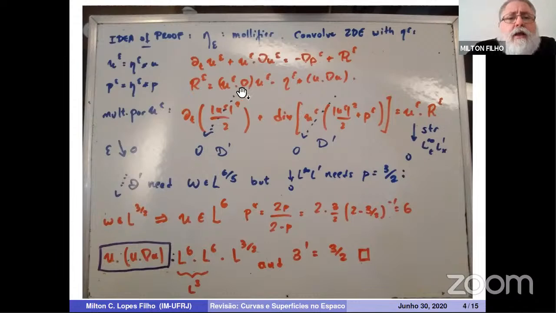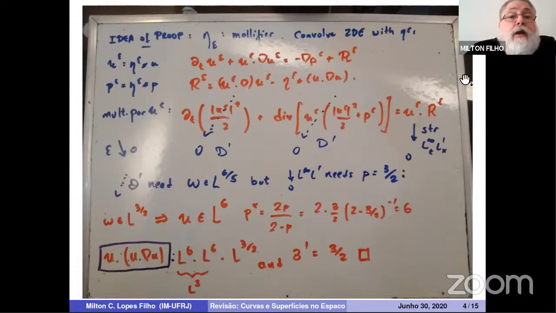This term converges weakly to 0 in the sense of distributions, but I wanted it to converge to u epsilon minus u. In fact, I wanted it to converge to d/dt of u squared over 2. This one is a divergence term, and I want to show that it converges to 0 in the sense of distributions. And I want to study the behavior of the convergence to 0 of this term. So I want these two terms to go to 0. Under which conditions does this term go to where it should go, and these two terms go to 0? That way you derive the energy conservation.